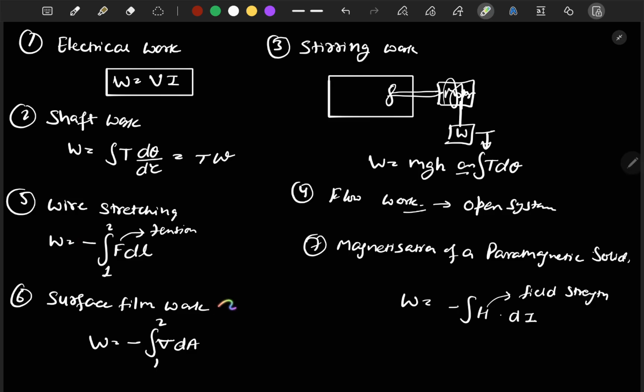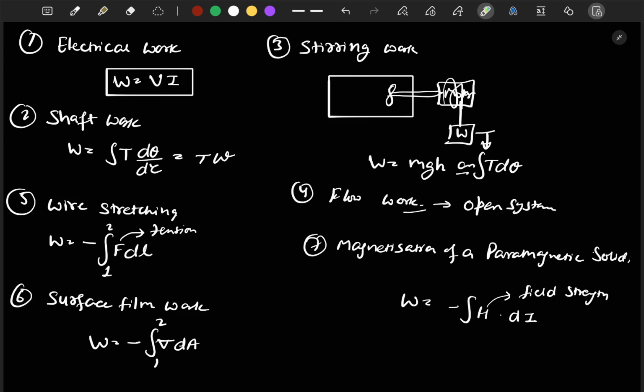Next is surface film work, which can be obtained by integrating sigma dA. The final one is magnetization of a paramagnetic solid, which is magnetization work. We can define it as H dI, where H is the field strength and I is the component of magnetization field in the direction of the field.